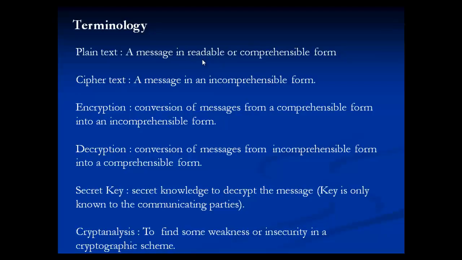Secret key is the knowledge to decrypt the message from ciphertext to plain text, or else to encrypt the message from plain text to ciphertext. We need to have secret knowledge, that is the key, and the key is only known to the communicating parties. And finally, cryptanalysis: finding some weakness or insecurity in a cryptographic scheme is called cryptanalysis.